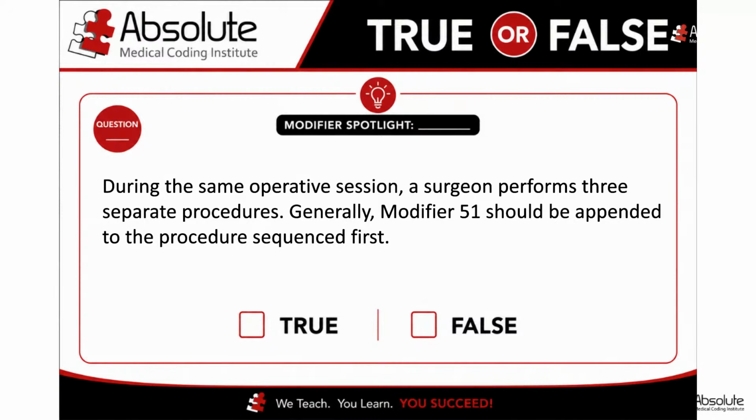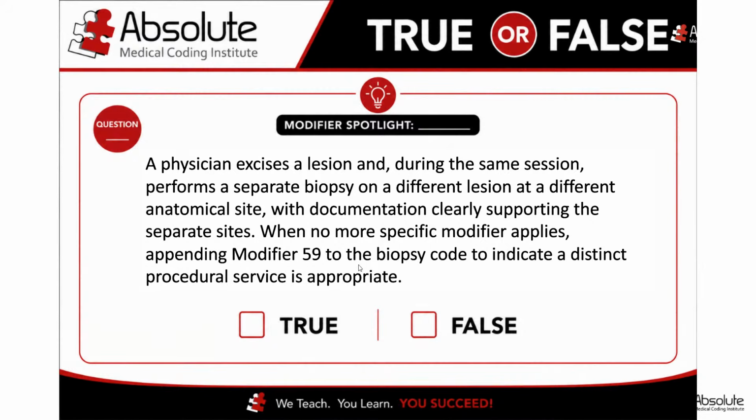Okay, and the answer is false. Remember, modifiers 51 and 59 may only be appended to a secondary code, secondary or tertiary. All right, good job. This is an aha moment, everybody.